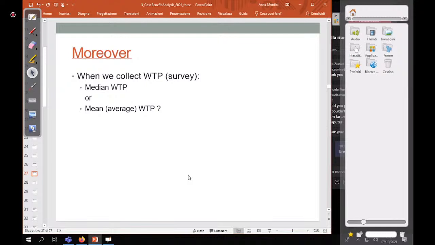Okay, I am considering all the answers, the smaller values and the higher values. The median is usually below the mean because with the median I am considering a sort of position average value.